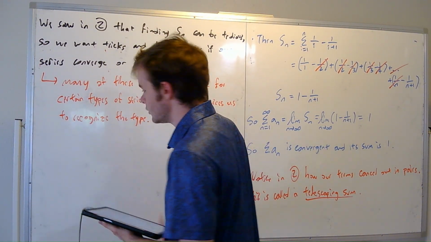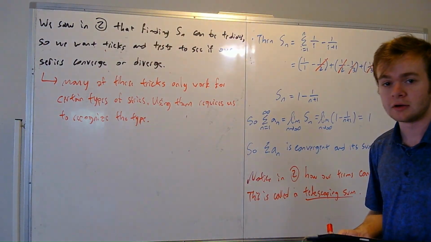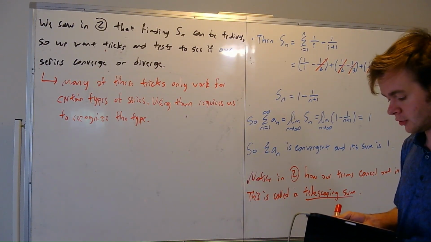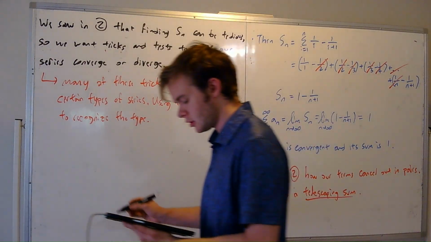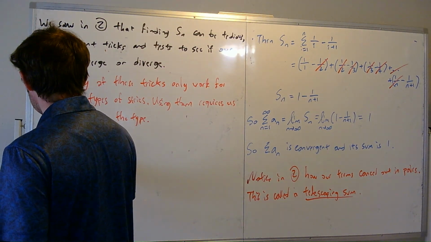Right, so you just have to be a little bit careful when you're using these techniques, because these are only going to work for certain types of series. So the first type of series that we're going to talk about is the geometric series.